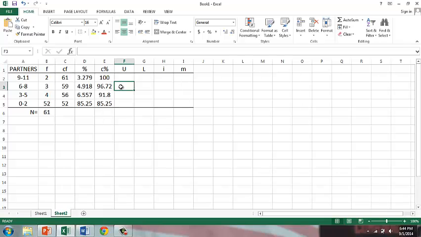So the upper limit is halfway between 8 and 9, in other words, 8.5. Similarly, the lower limit is the point halfway between 6 and the top of the interval below it, or 5, or 5.5.